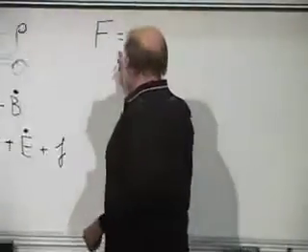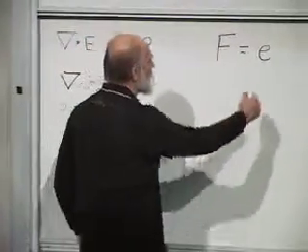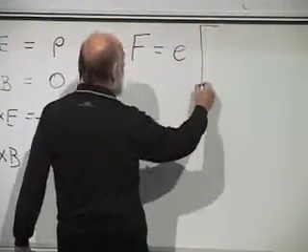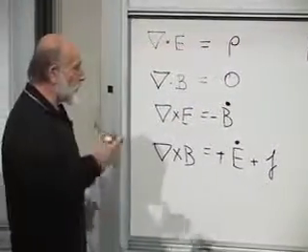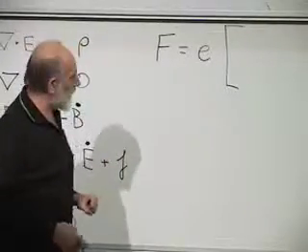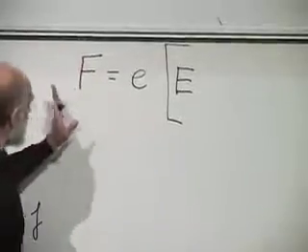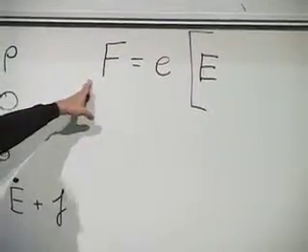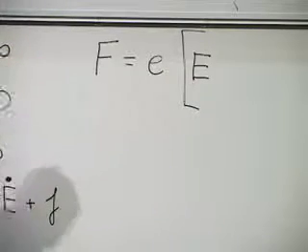But the force is proportional to the charge on a particle, and then there are 2 terms. One of them is just the electric field. The force is proportional to the electric field, the factor of proportionality being the electric charge. So first of all, in here, there's the electric field. Incidentally, both sides are vectors in the 3-dimensional sense, force and electric field.